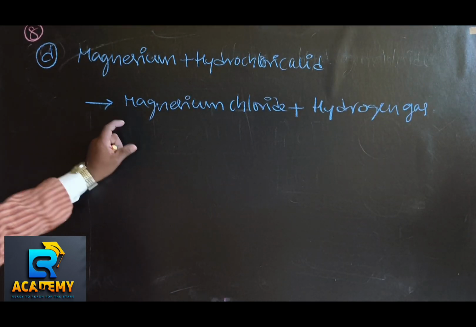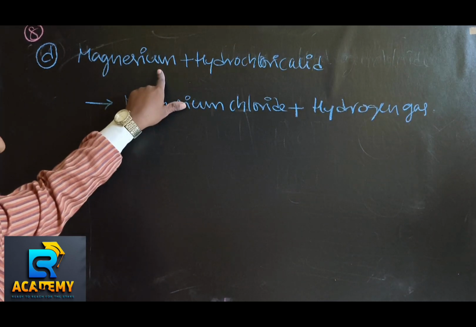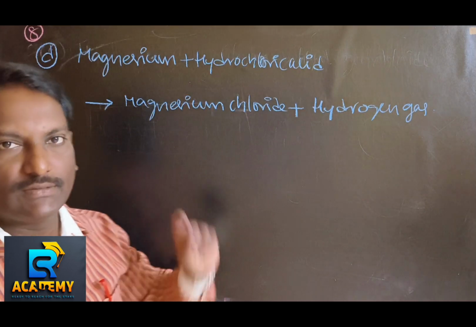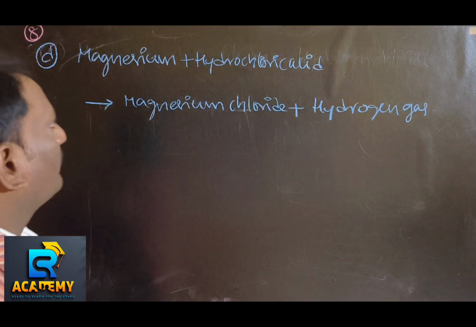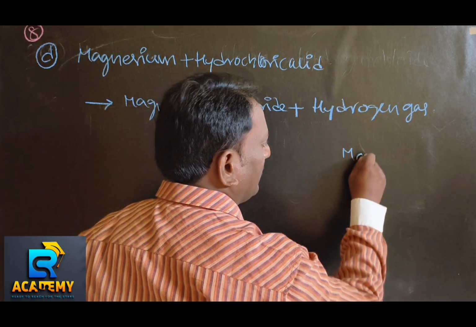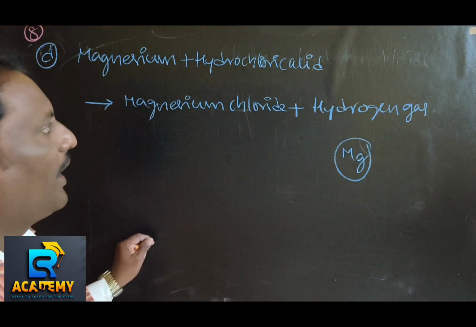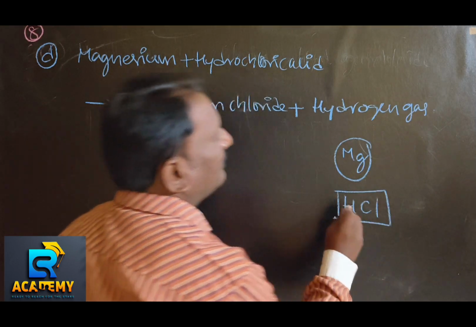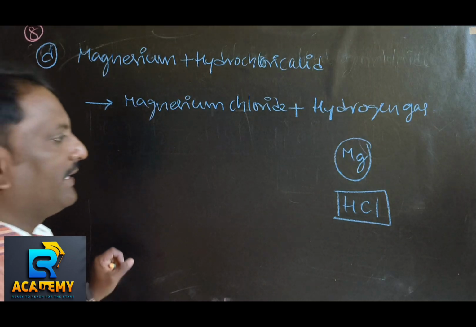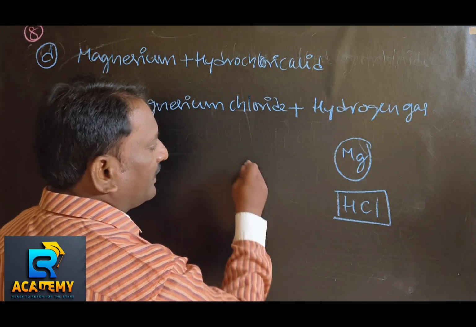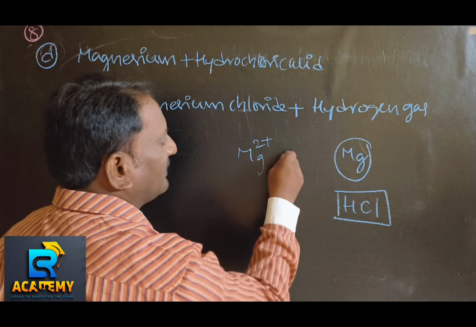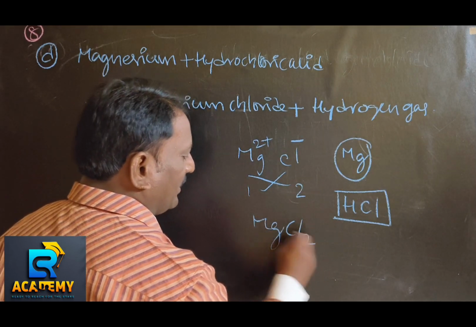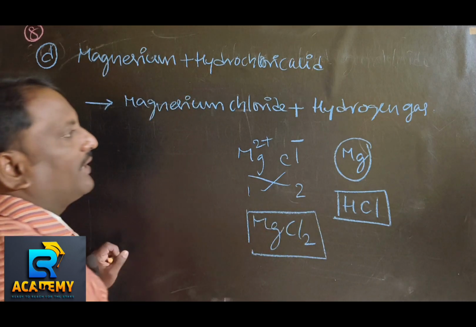Question number 8D. Magnesium reacts with hydrochloric acid to give magnesium chloride and hydrogen gas. So let us frame the chemical formulae. Magnesium symbol Mg. Hydrogen chloride, as I already said, HCl. Next, magnesium chloride: magnesium ion Mg2+ and chloride Cl-, crisscross gives MgCl2, magnesium chloride.